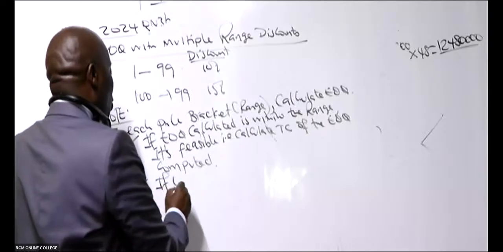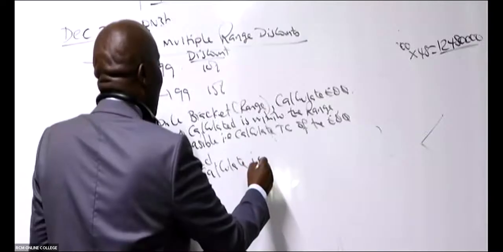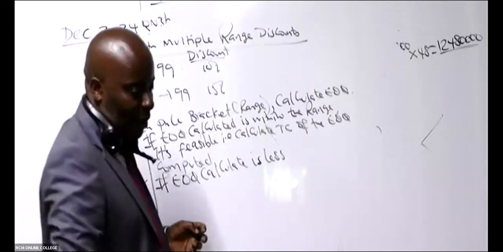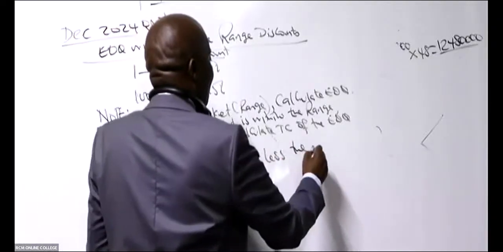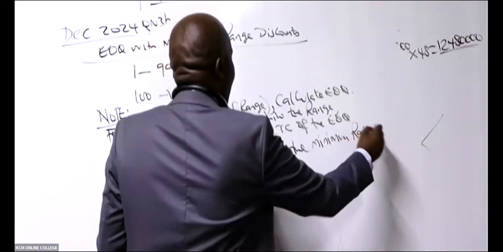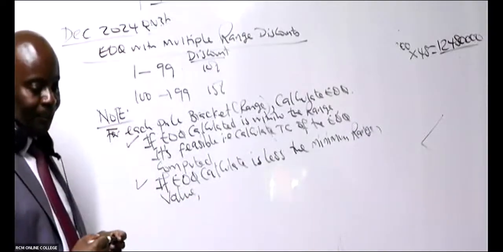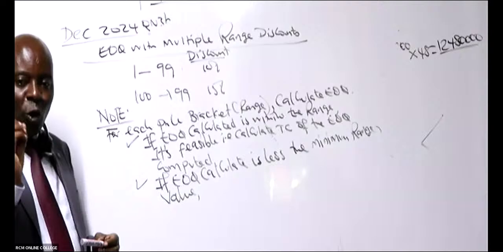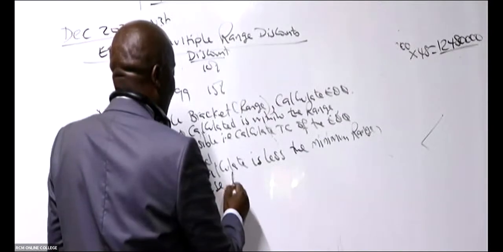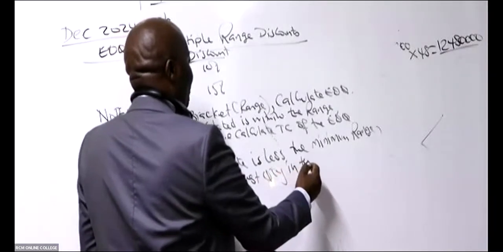Number two: if the EOQ calculated is less than the minimum range value, use the lowest quantity in that range.